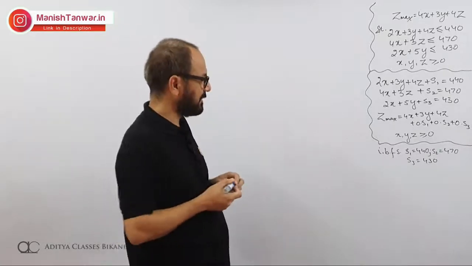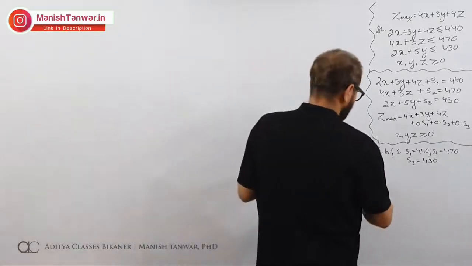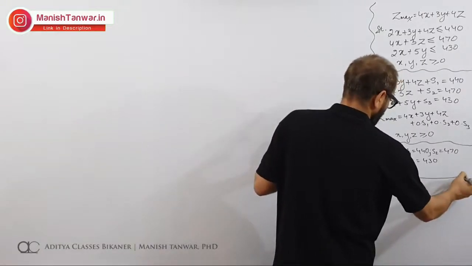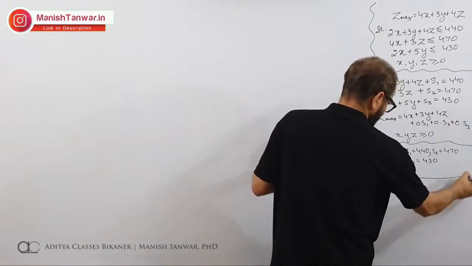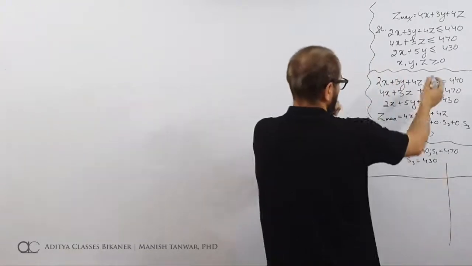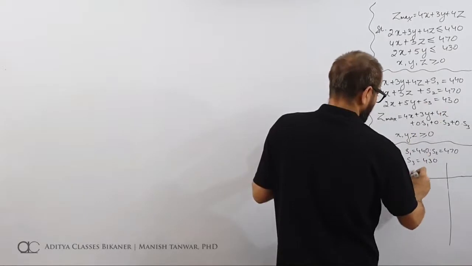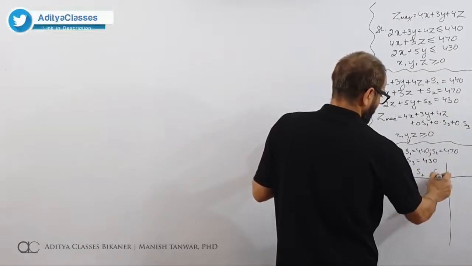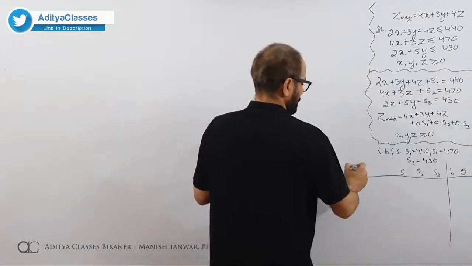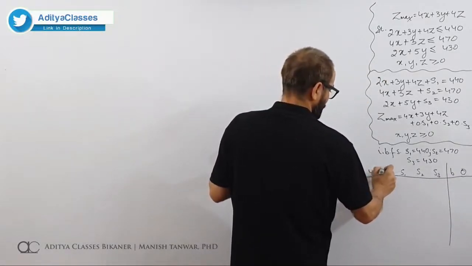And making use of this IBFS, can I have my initial simplex table? We will be having S1, S2, S3. We will be having B and theta. Then there will be x, y and z.